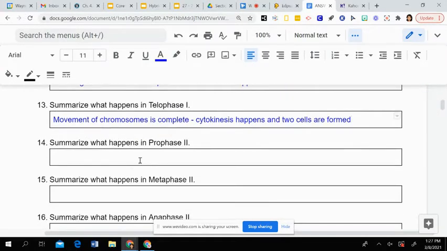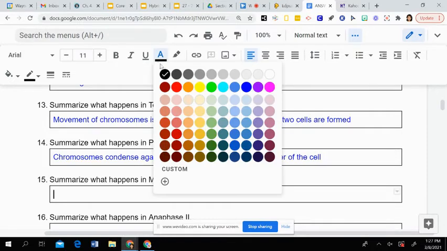Then moving into prophase 2, it's pretty much the same as before. Chromosomes condense again. This time, they're chromatids, which are like each individual side of the chromosomes.